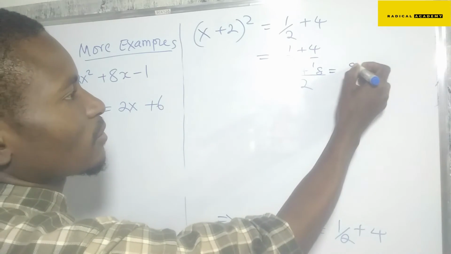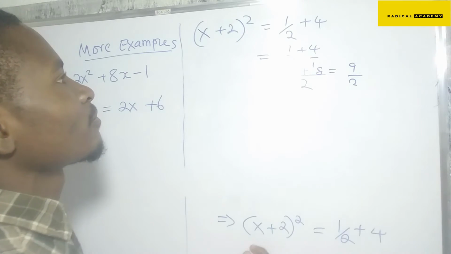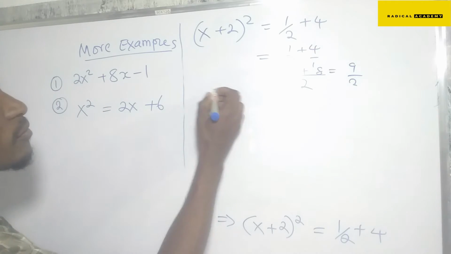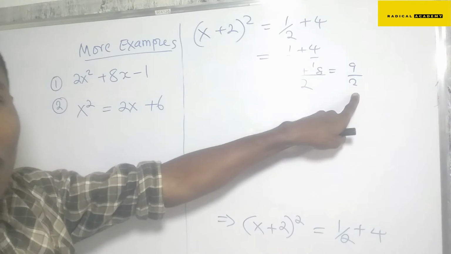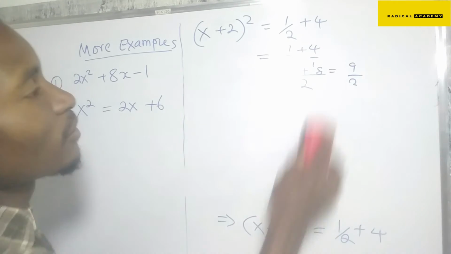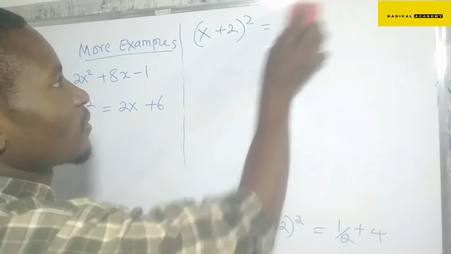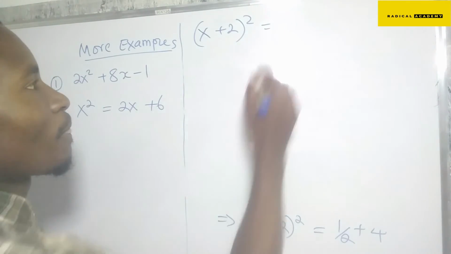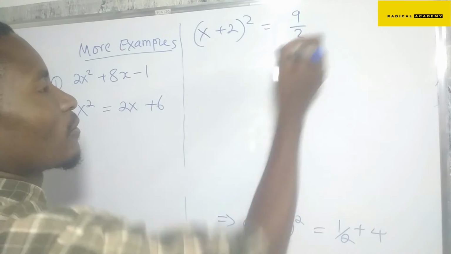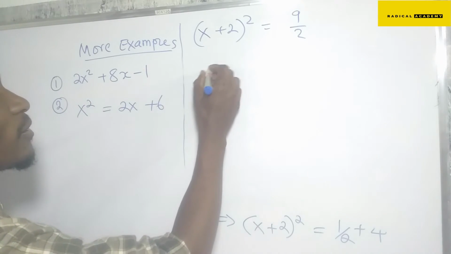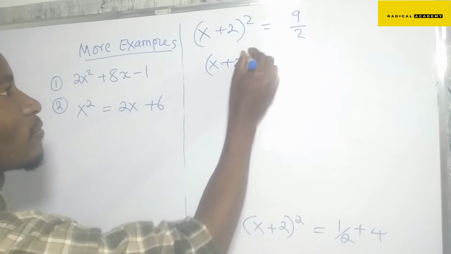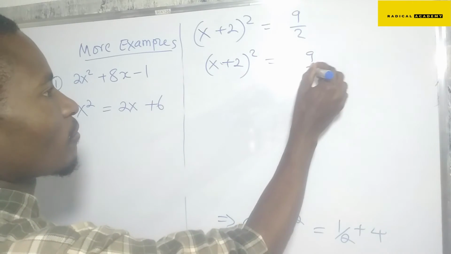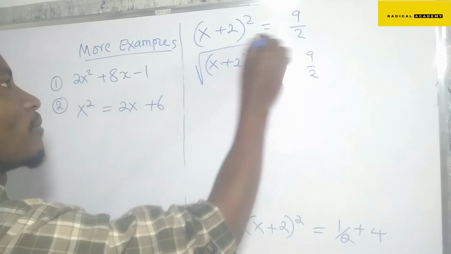So this is going to be 9 over 2. So this evaluates to 9 over 2.